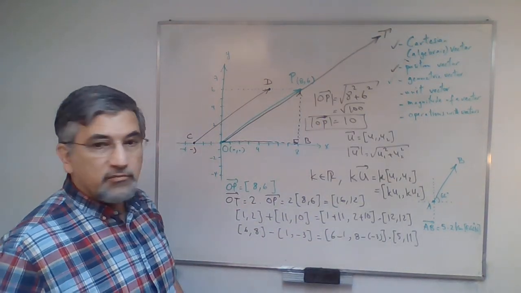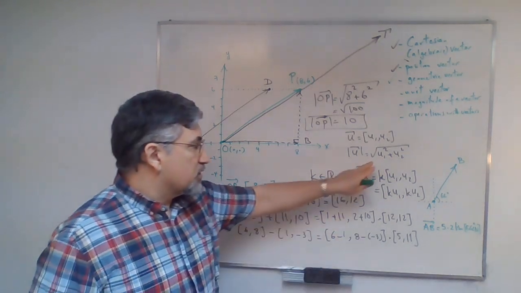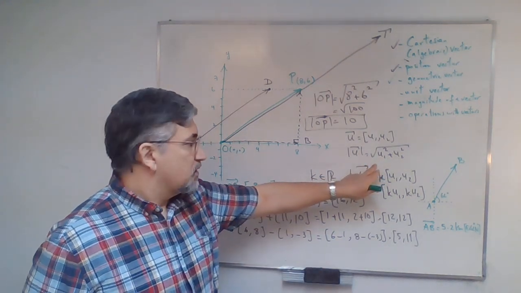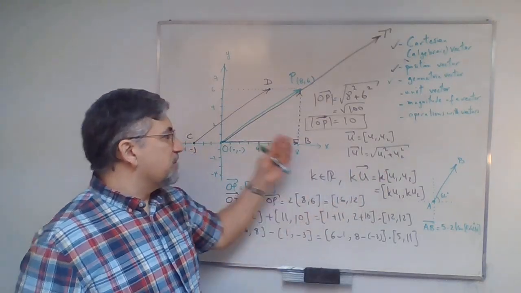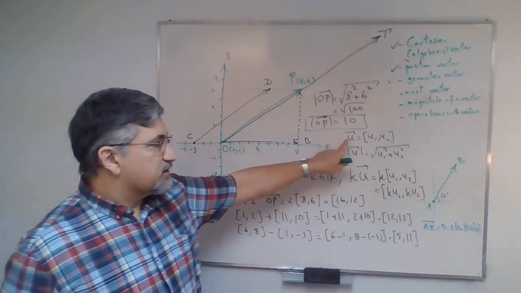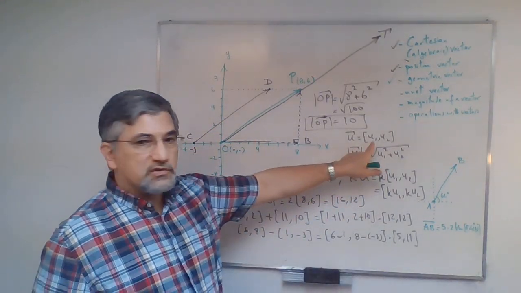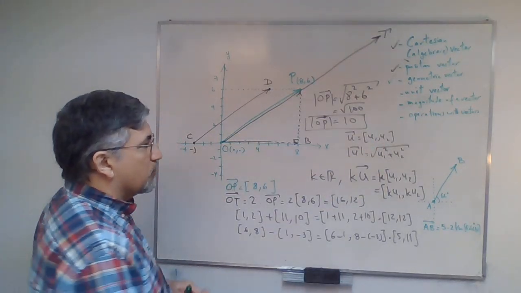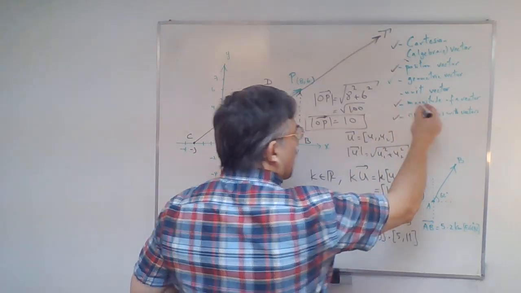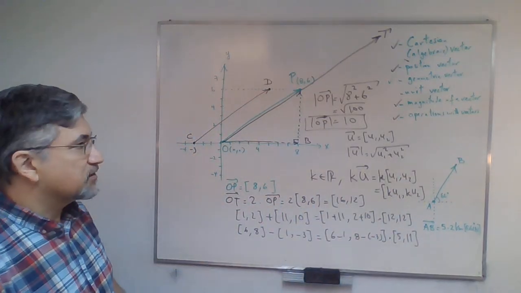It comes from the Pythagorean theorem. You square the horizontal component, you square the vertical component, add them up, take the square root. That will be the magnitude or the size of the vector u, whose components are u1 and u sub 2. Okay, so magnitude of a vector, operations with vectors, we talked about it.